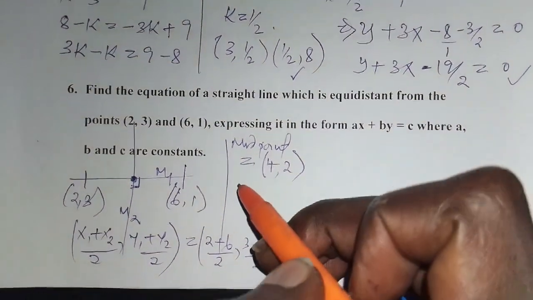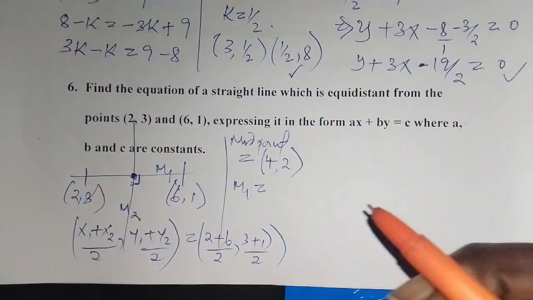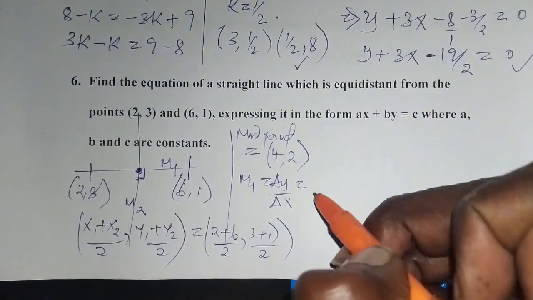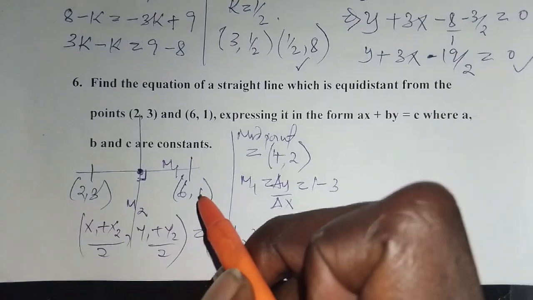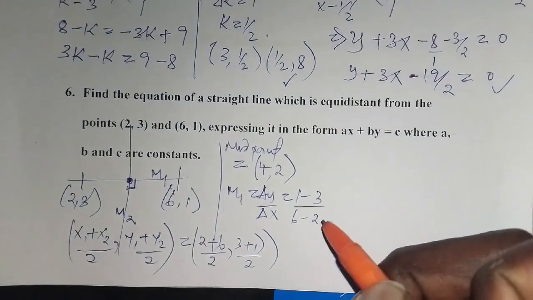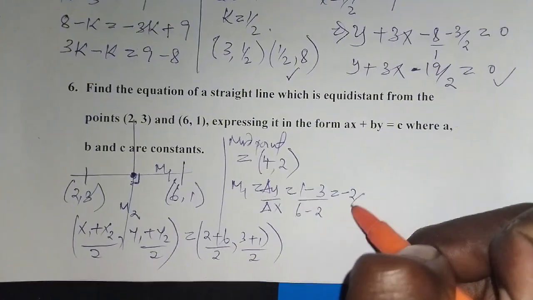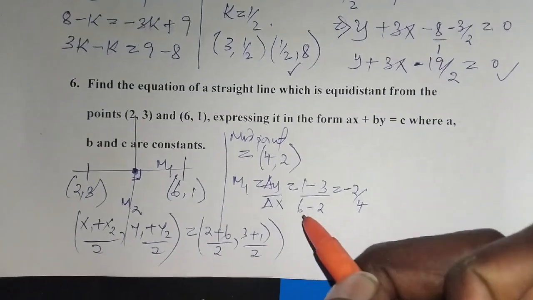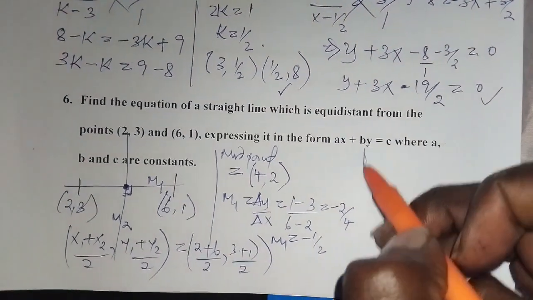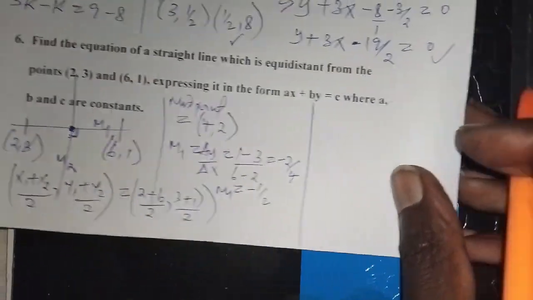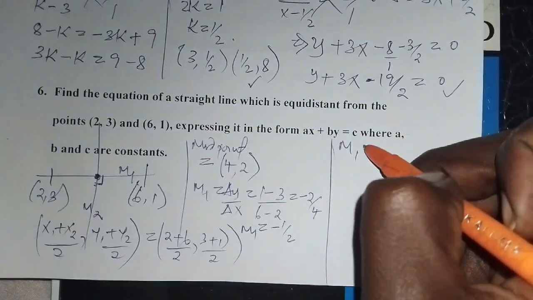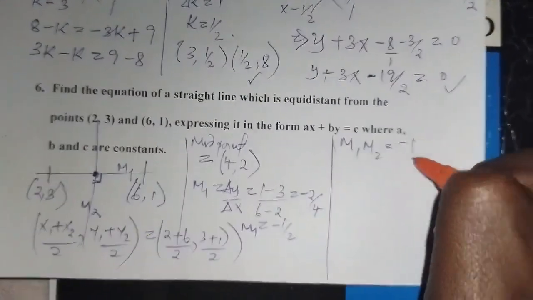So m1, change in y over change in x, shall have 1 minus 3, then 6 minus 2. Shall have negative 2 over 4, which is negative a half. So for perpendicular lines, know that m1 times m2 will give you negative 1.